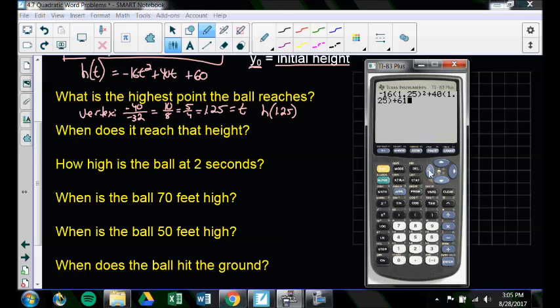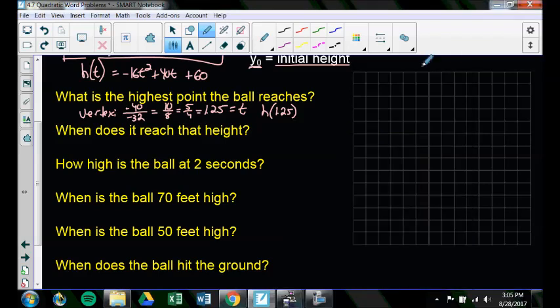I'm just plugging it into our original equation. This happens at 85 feet. So the ball reaches a height of 85 feet. And when does it reach that height? It reaches that height at 1.25 seconds. So we can find the highest point the ball reaches with this equation.